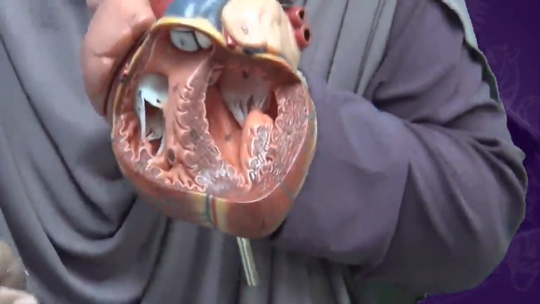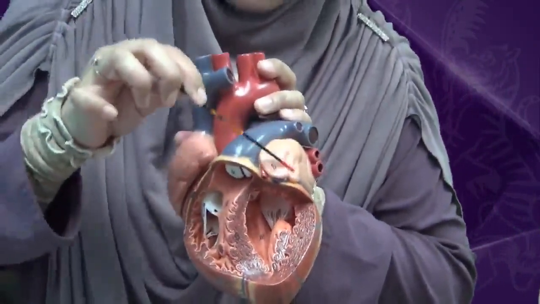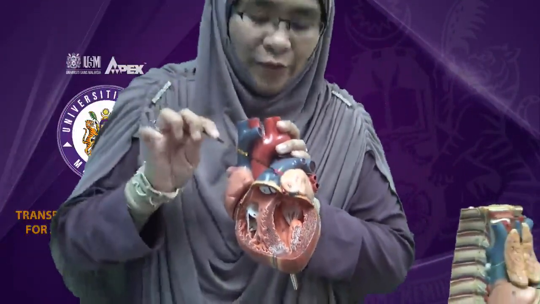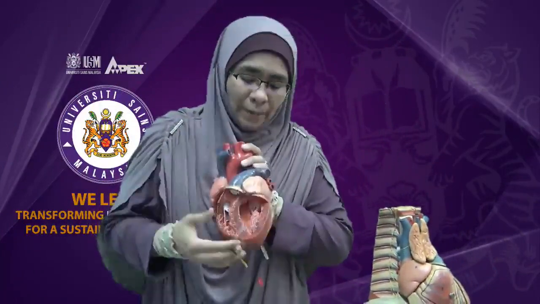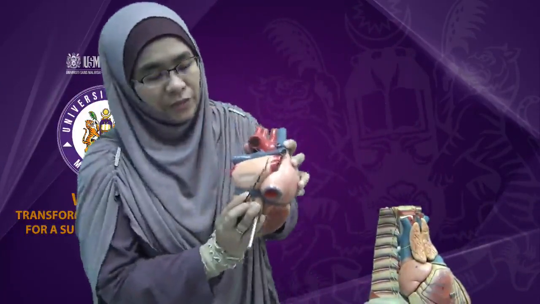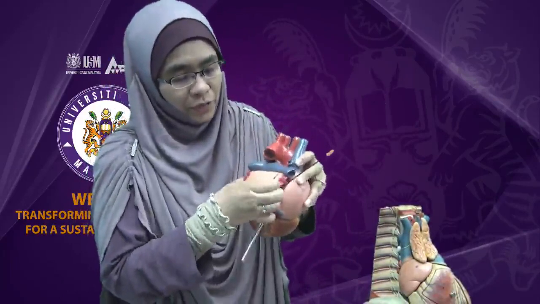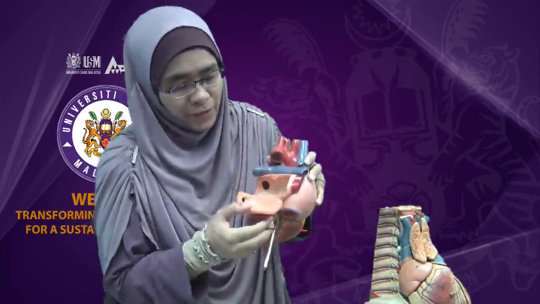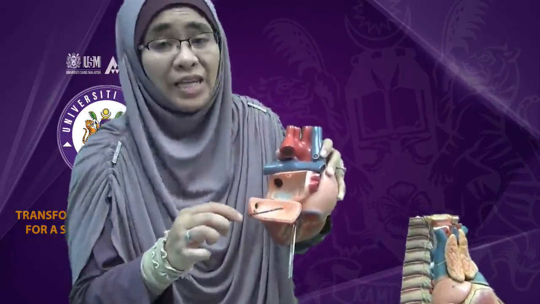Again, the left atrium. From anterior, not much to discuss because what you can see is only the left auricle. This is the only rough part of the left atrium. So you have the pectinate muscle inside this very small part. But the wall of the left atrium is mainly smooth.